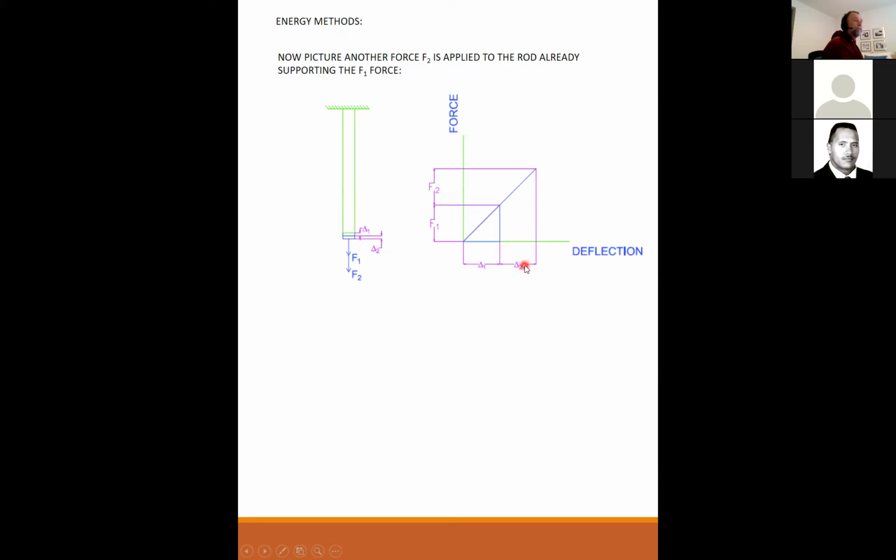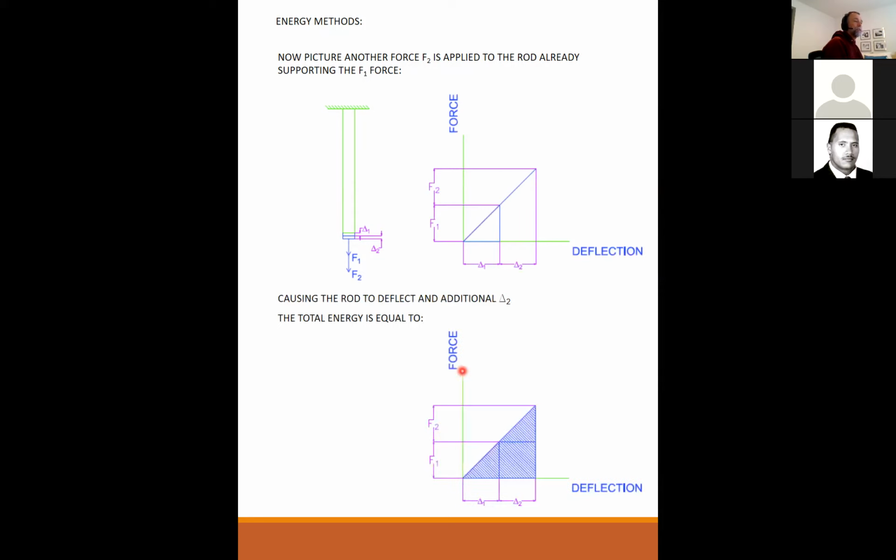Here's the new deformation, causing the rod to deflect an additional delta 2. The total energy then is equal to the area under the curve. And so the total external energy is half of F1 delta 1 here, all of F1 delta 2 here, and half of F2 delta 2 here.